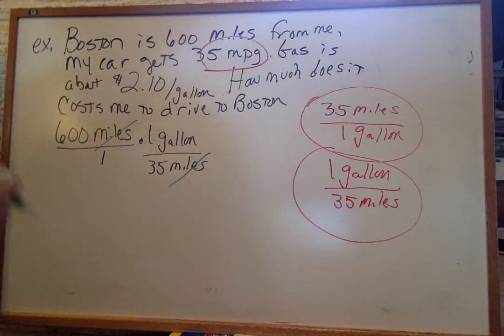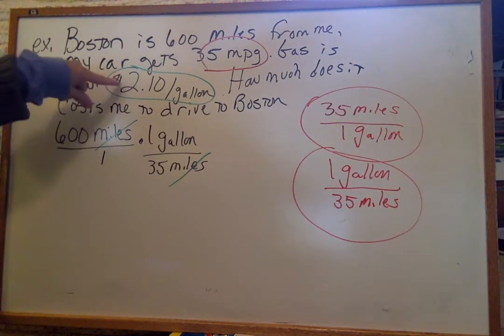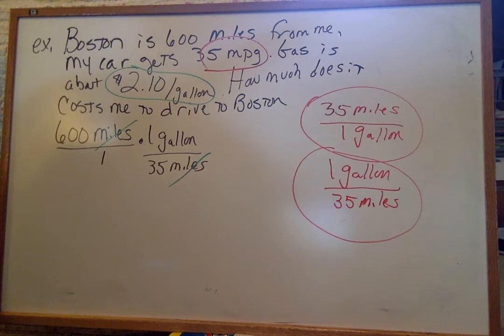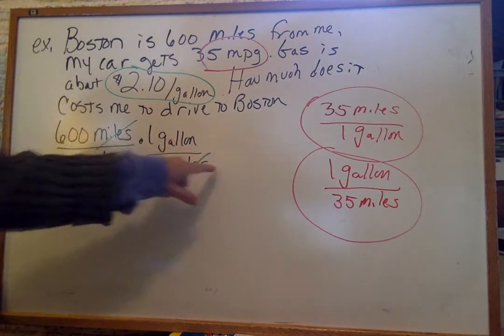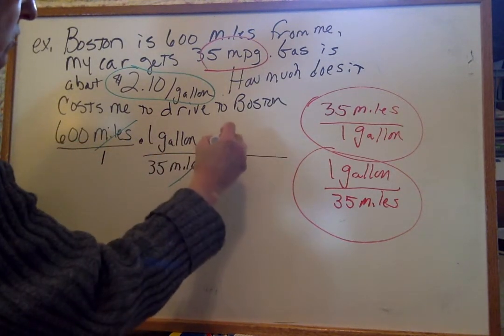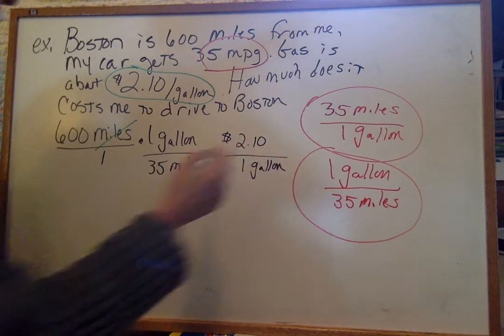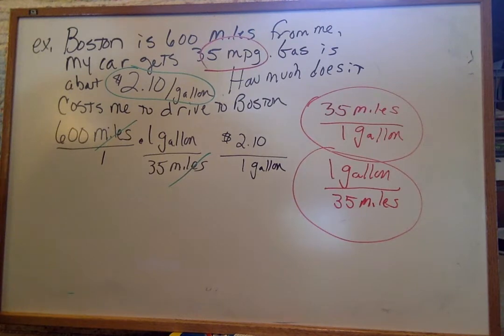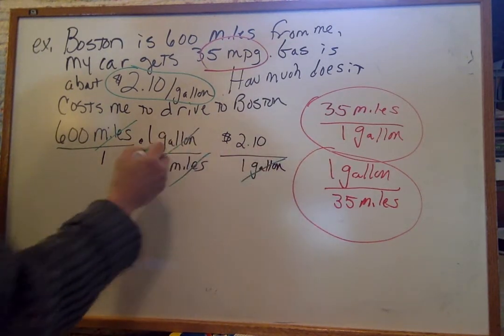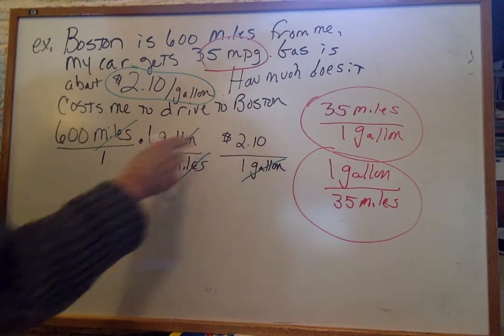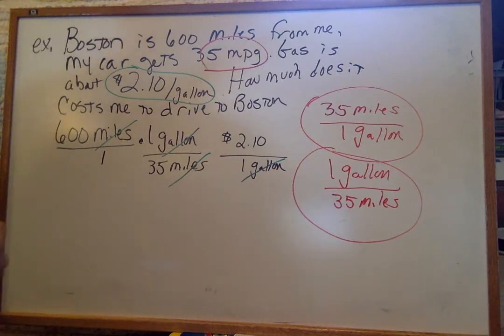Here's the other conversion unit we need to look at. $2.10 per gallon. Now, I want to be able to cancel out gallons, so $2.10, let's do this. You can always write it and then just check your work. Yeah, I'm good. Look, the gallons are canceling, so the dollar sign is in the numerator.